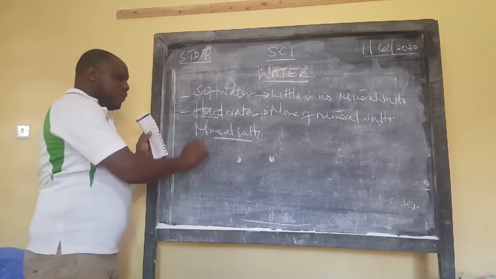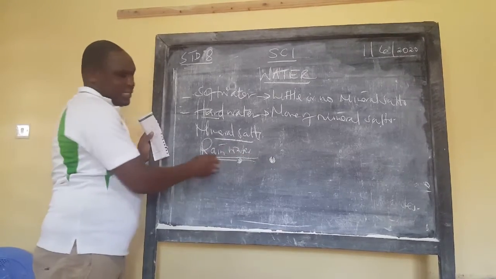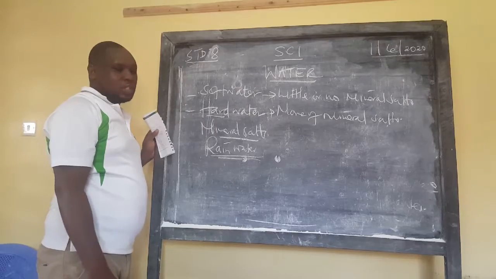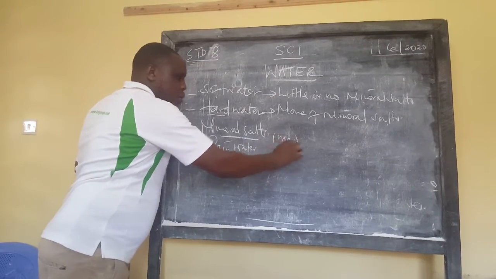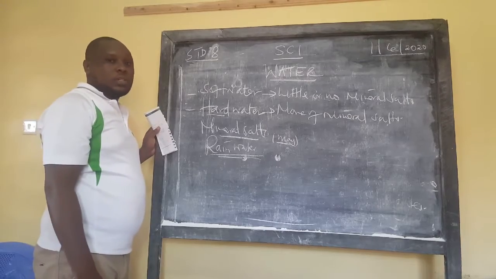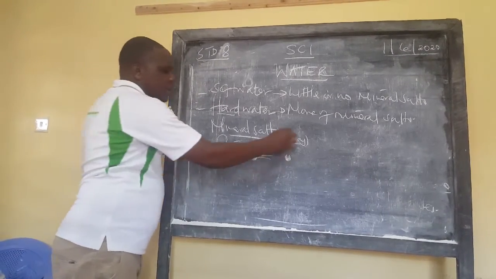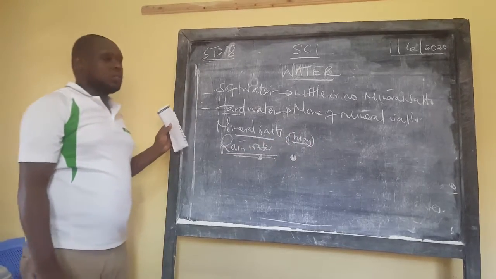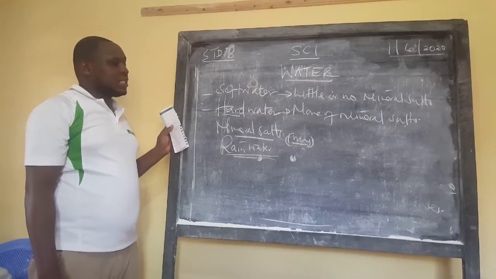Now, rainwater may be considered as soft water. Maybe, underline the word may. We are not saying should be considered or must be considered. No, may be considered as soft water because of the number of mineral salts that it contains.